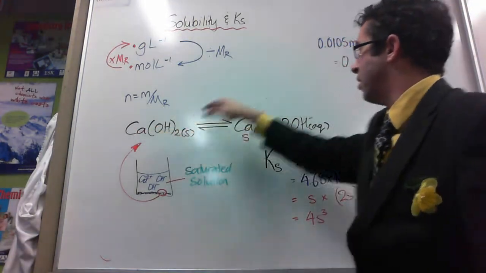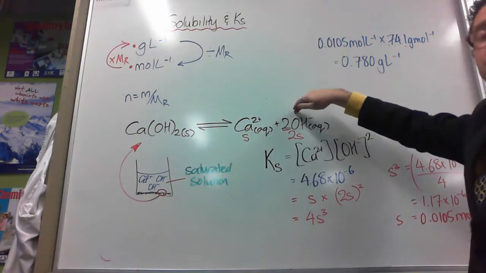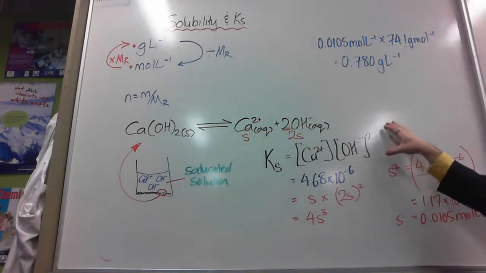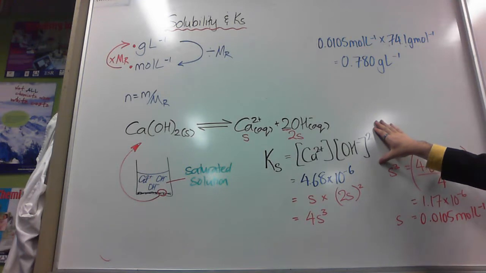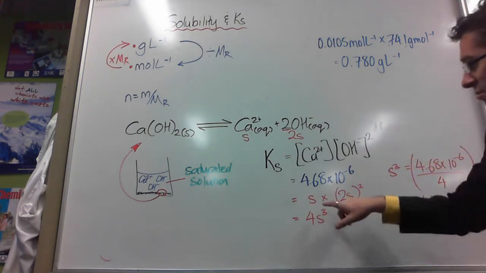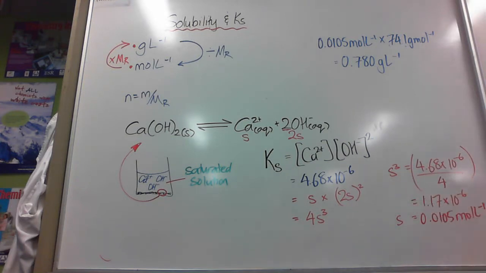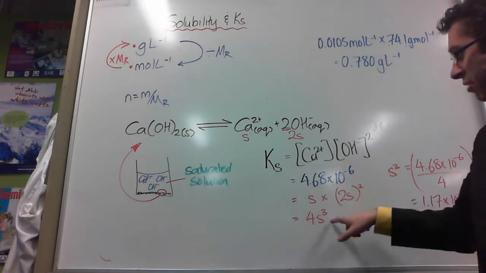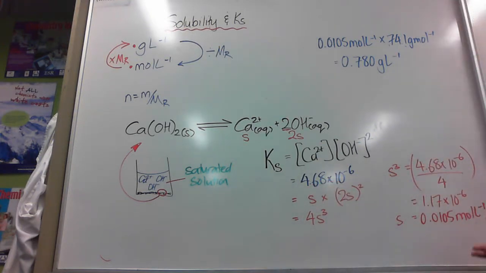For every one of those, it makes one of those and two of those. Plug those numbers into my Ks expression, which is what this one here is called, and then I'm given the little algebraic expression that I have to solve. So here it was that this value here equals 4S cubed, so I solved for S.